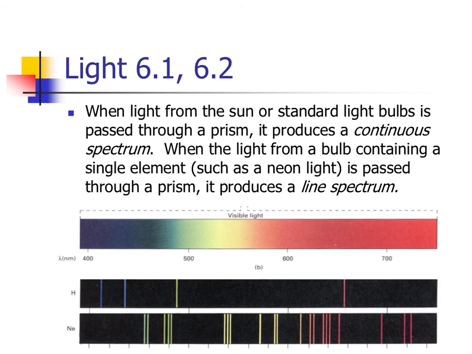The infrared, not as energetic, because the wavelengths are longer. You don't get burned in the summertime by infrared light. You get burned in the summertime by the UV light, ultraviolet light.